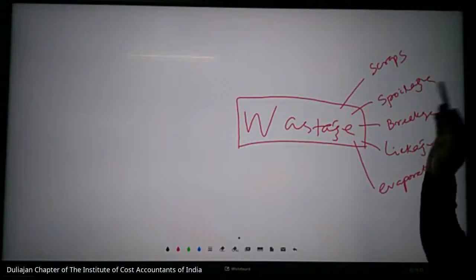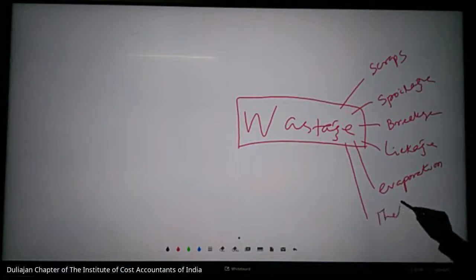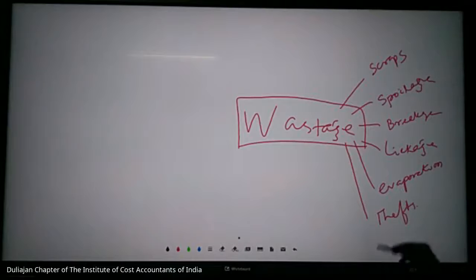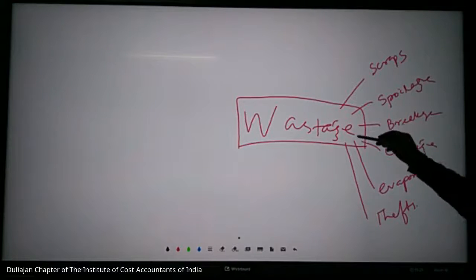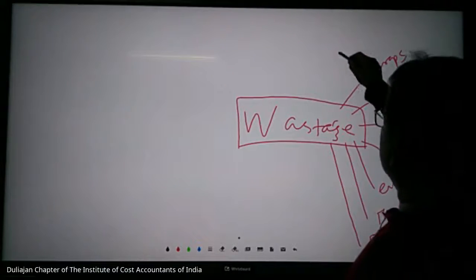Some chemicals evaporate. Then theft. There is so much theft also. Some materials in storage are taken or eaten by rats. You will find the loss of materials can happen due to so many reasons.